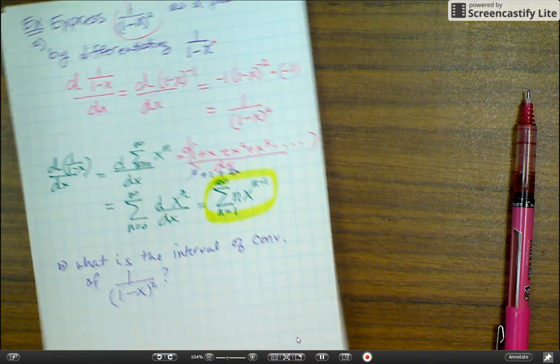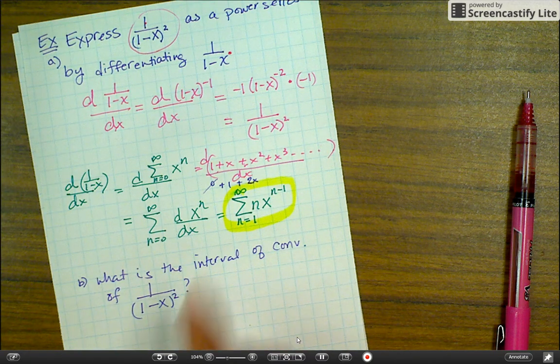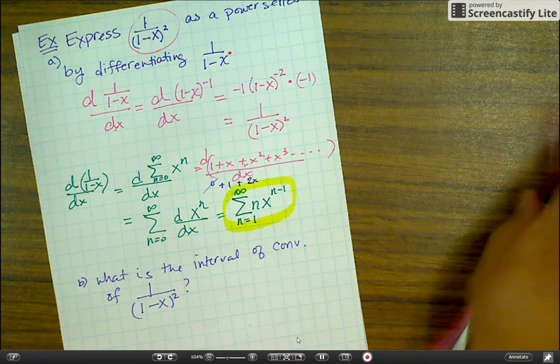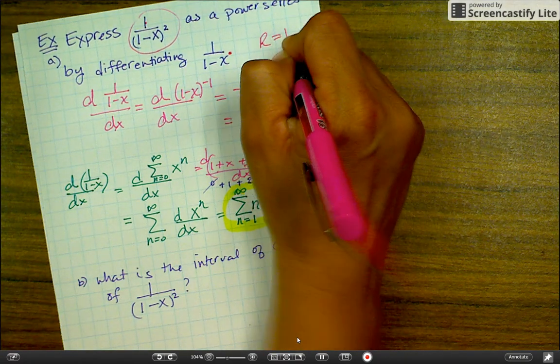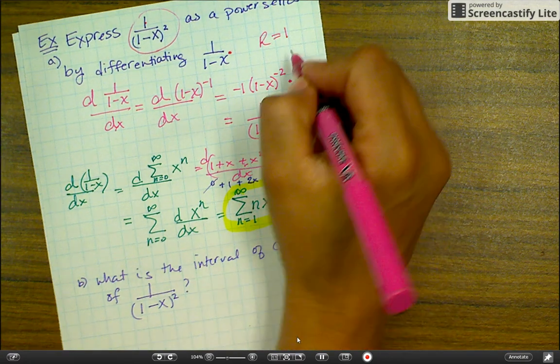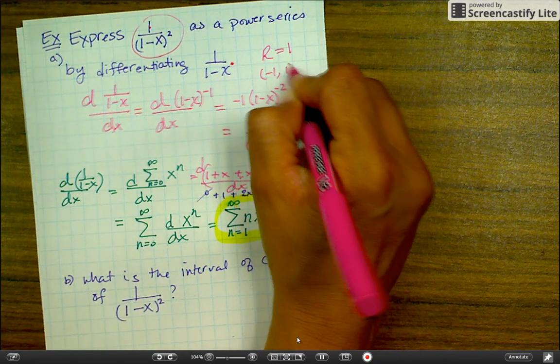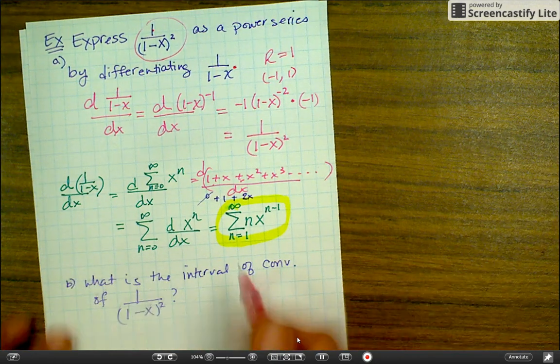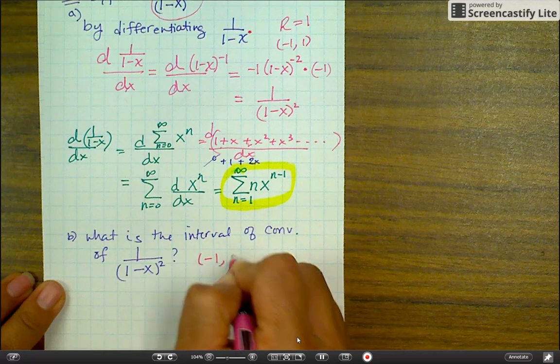So we know what this radius of convergence is. We know it's r is equal to 1, right? And we know its interval of convergence is -1 to 1. And so therefore, this one is supposed to be -1 to 1.